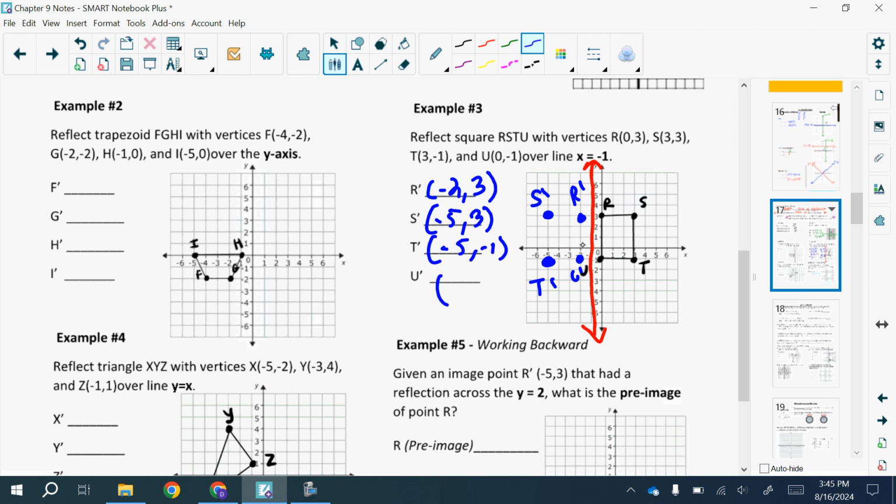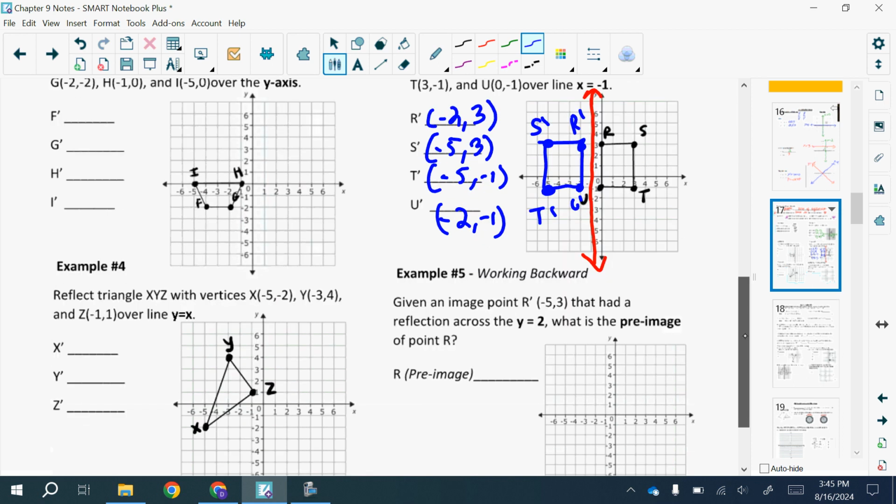And this U coordinate is negative 2 comma negative 1. And that's it. And again, if you folded that across the line of reflection, the shapes would fall directly on top of each other, and the vertices would also match up.